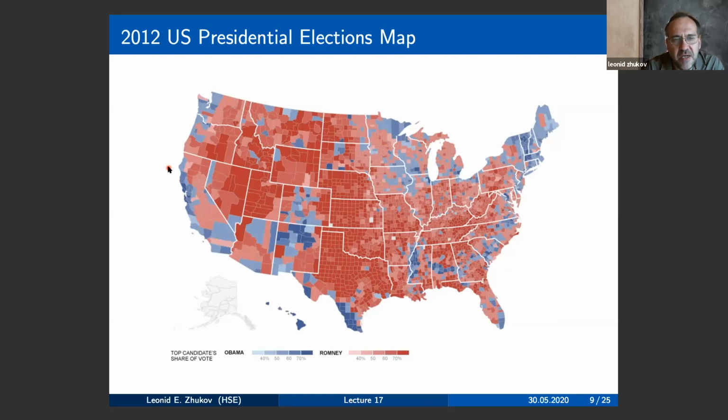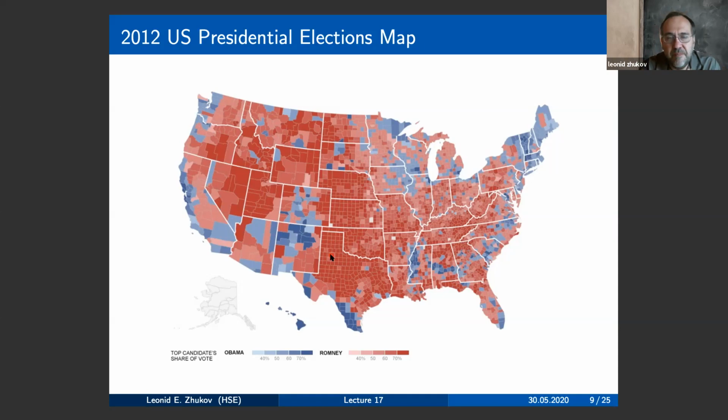You'll notice the regions that vote for Obama are the educated East and West Coast, so Seattle, Silicon Valley, San Francisco, New York, Boston. And then there are these huge pieces voting for Romney, Trump these days. And if you notice, it's also very, very contiguous, right? So you literally see enclaves of people.